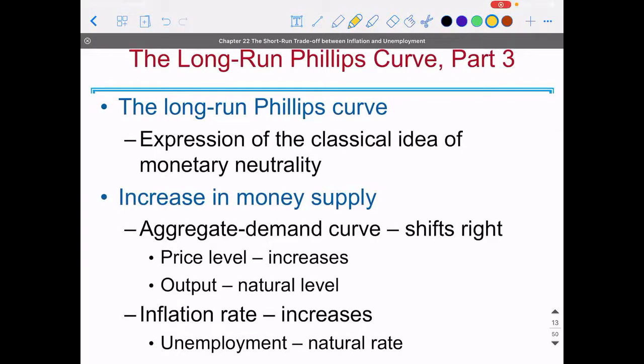What that long run Phillips curve also shows is that monetary neutrality remains. Again, that's our divergence between real and nominal variables.